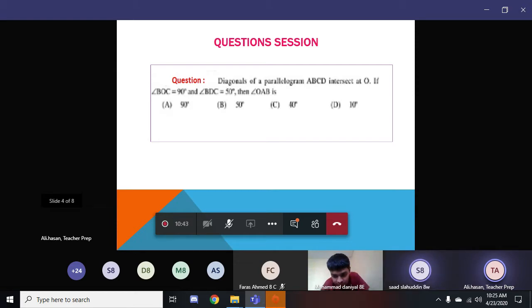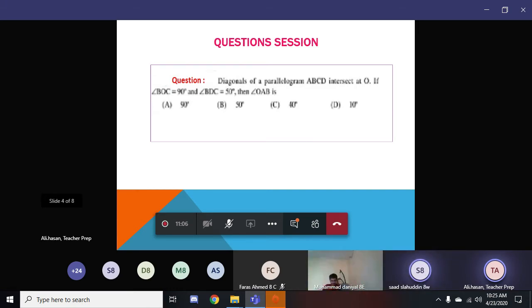Try to be very careful. First draw this parallelogram. Mark the given data on the parallelogram. Name the parallelogram, and then start solving what it has asked.